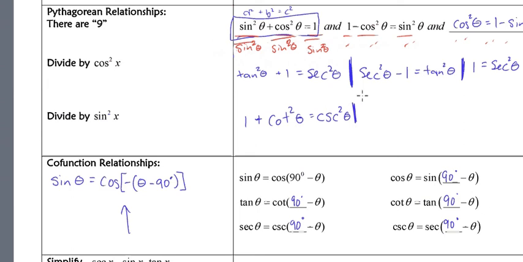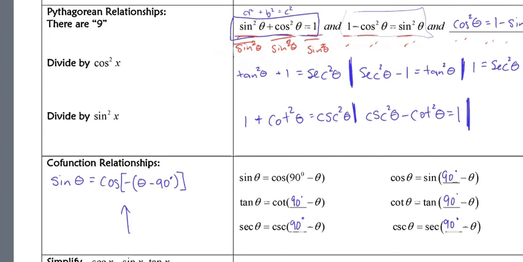There's our 7th identity. Next, divide everything in this one here by sine, and 1 divided by sine, that's cosecant squared of theta, minus, well, cosine divided by sine, that's going to give us cotangent. So cotangent squared of theta. And then sine squared divided by sine squared, well, that's going to be 1.